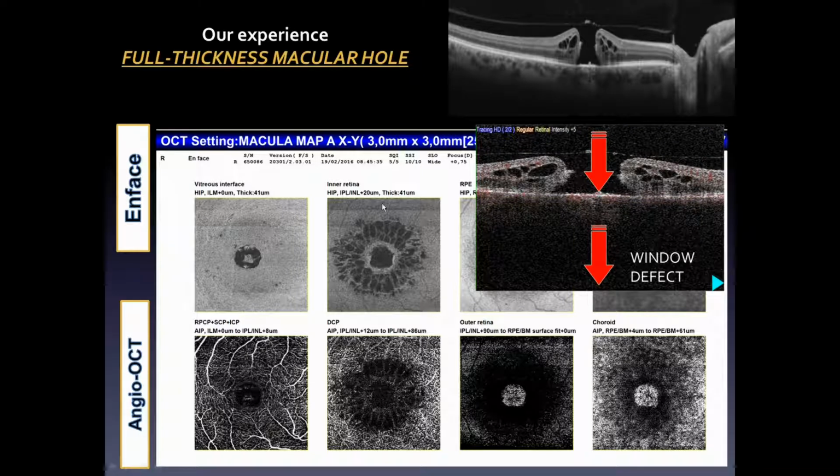You see this typical aspect in en face OCT, the absence of the signal in the area of the hole, the cystic area in the inner nuclear layer. There are similar cystic areas in angio OCT. You see the peak of the absence of the signal secondary to the window effect, secondary to the absence of the neuroretinal tissue.